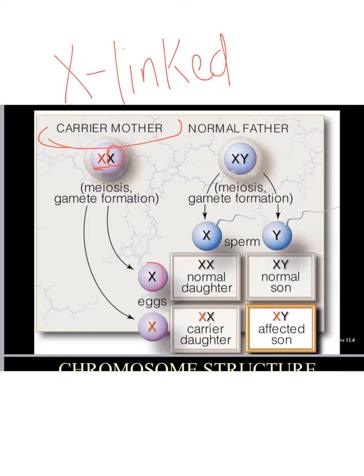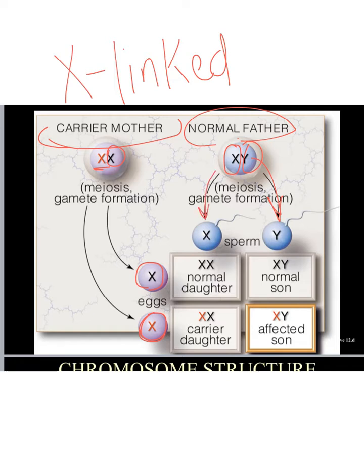Her eggs can be either normal X or affected X. Now we have a normal father, so his X is going to be normal, and his other chromosome is going to be the Y, which again has nothing important on it.